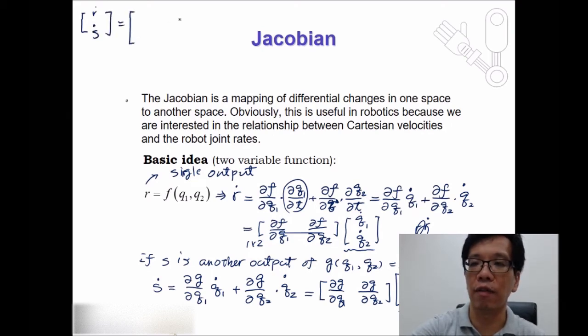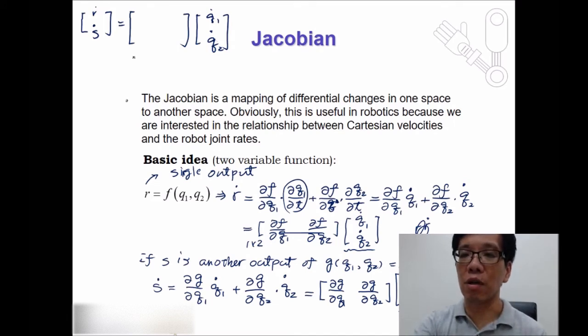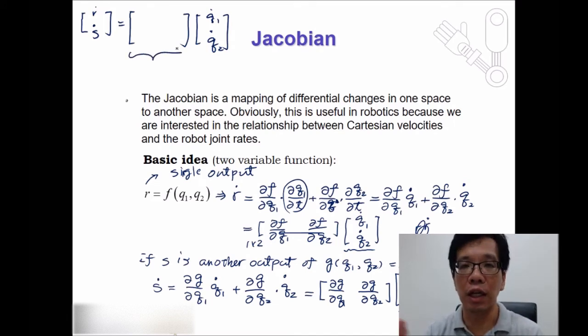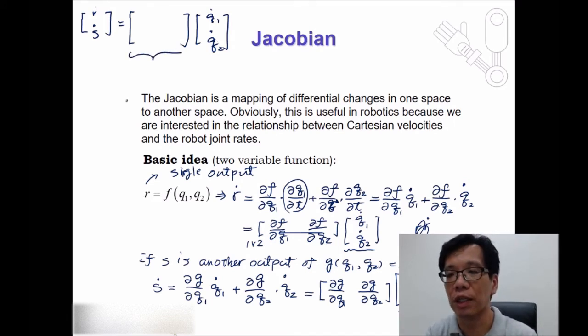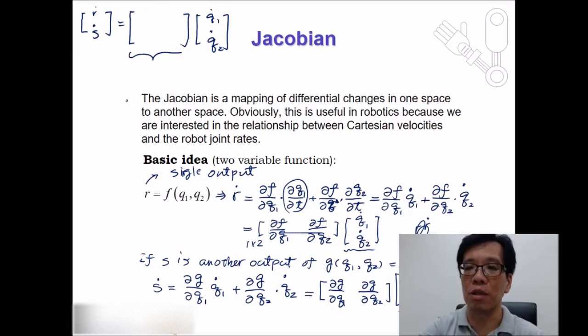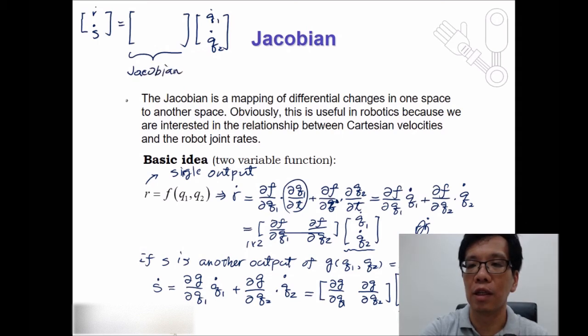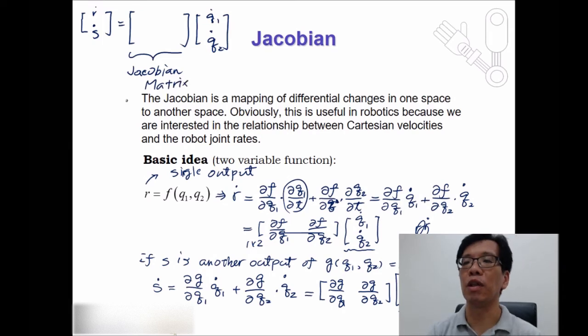Then I'll have the 4 components from here, here, here, and here. Then the variable becomes q1 dot and q2 dot. This matrix over here, including all 4 partial differential terms, is my Jacobian matrix. That's how we define it.